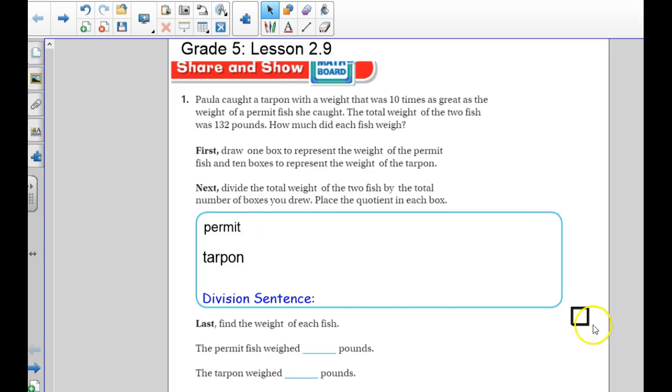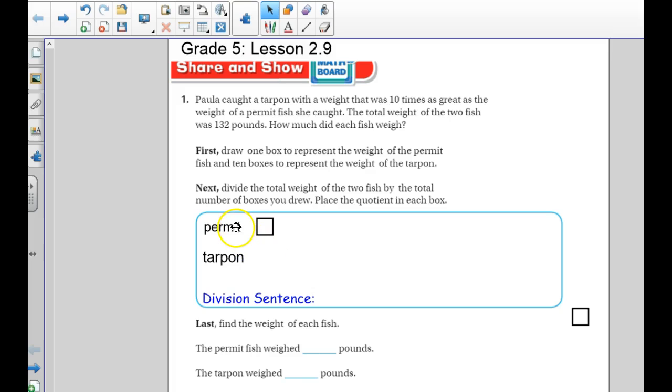permit fish. So that means that we are going to draw, I have already drawn the boxes, one box for the permit fish. Everything's always going to come down to that one permit fish. Anytime you're going to use the draw diagram strategy for a division problem, you always want to compare it to the one thing that they're talking about in the question.